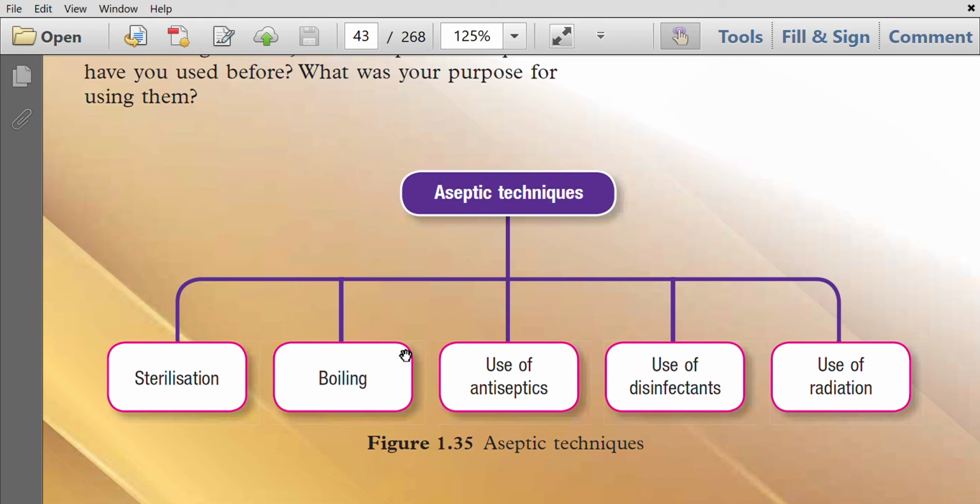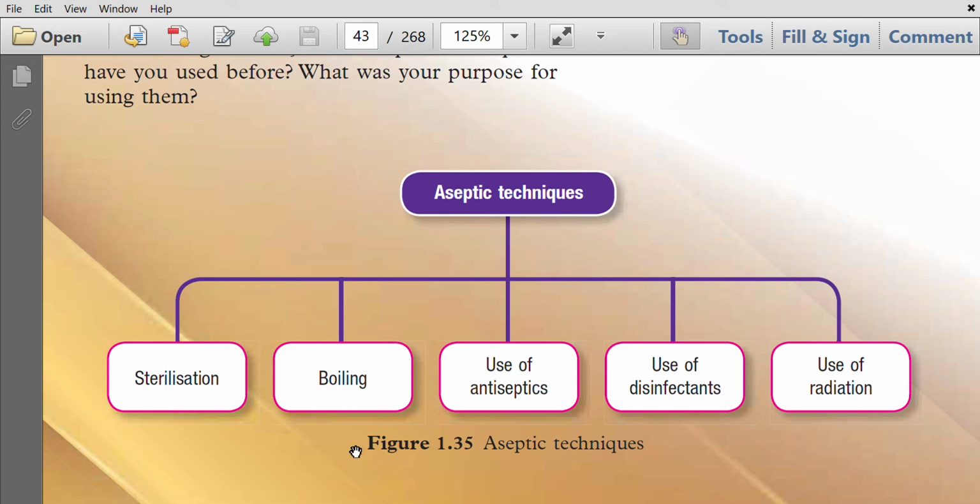Boiling. When you want to make our spoon and fork free from bacteria or germs, we boil them or dip them in hot water. So this is the aseptic technique, right?